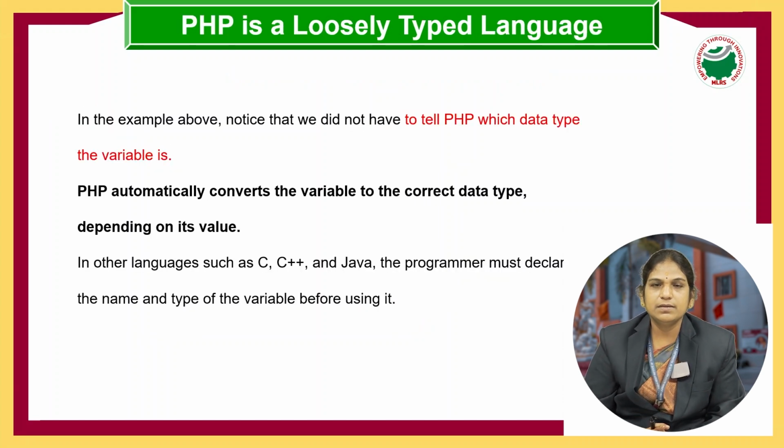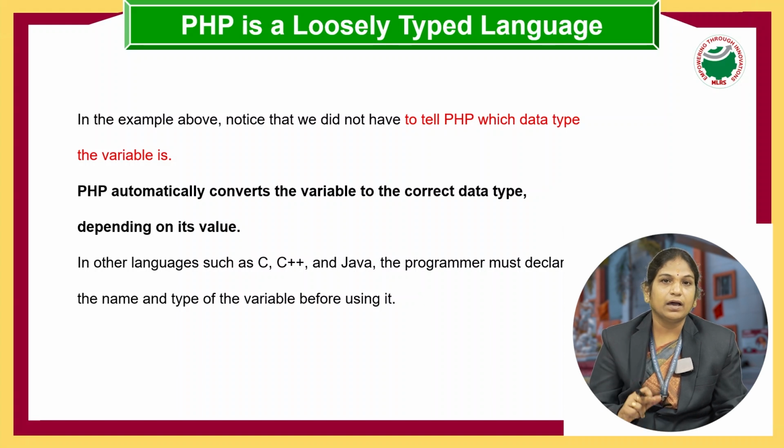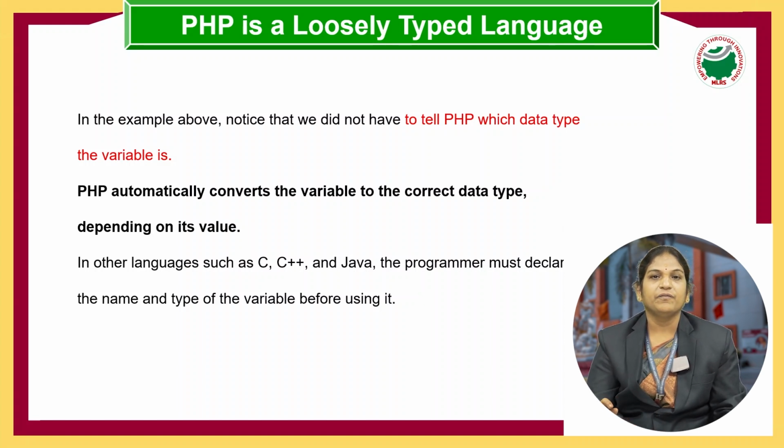And PHP is a loosely typed language. Why are we calling PHP a loosely typed language? Just now I gave you a clue that we are not going to predefine the data type of the variable while declaring it. In C or Java, if you have observed, how do we declare a variable?